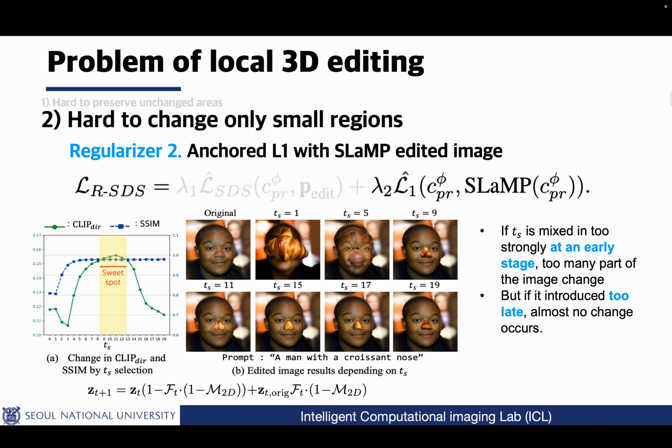To better guide this transformation, we measure CLIP and SSIM scores across time steps. The CLIP score reflects how well the change aligns with the target prompt, while the SSIM score indicates how well the unchanged areas are preserved. From this analysis, we observe that both scores peak when mixing occurs around the middle time step, which allows us to effectively induce diverse and controllable change in the image.